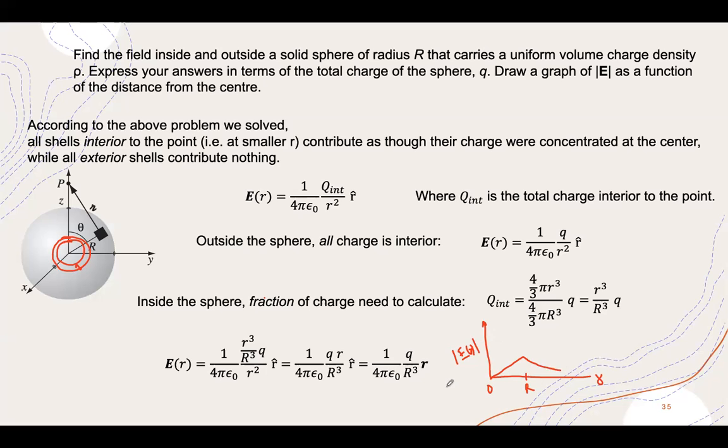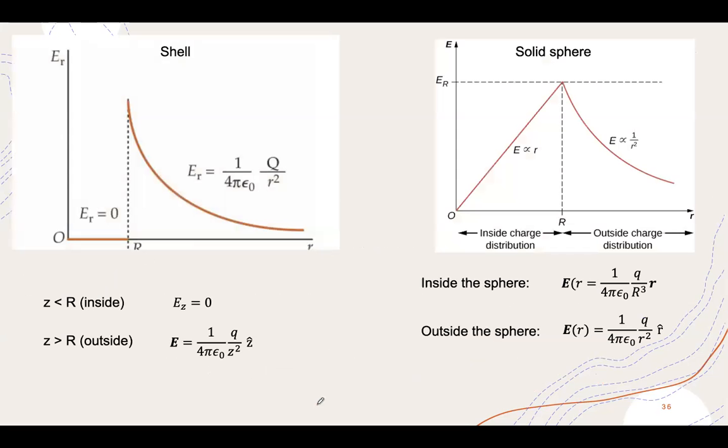See, these are very important points which one should notice from the expression itself. To conclude today's session, let me give you a nice idea of how the shell and the solid sphere should look in terms of the expressions we learned so far.